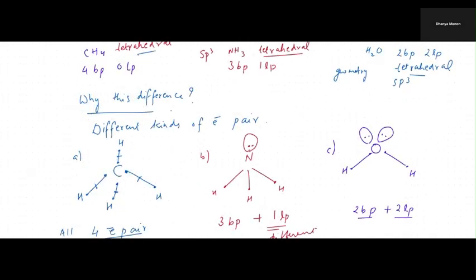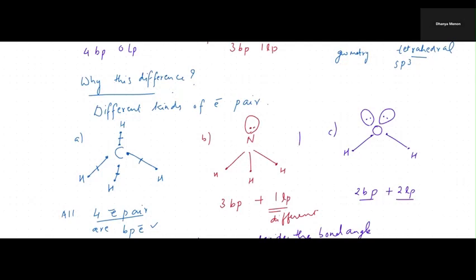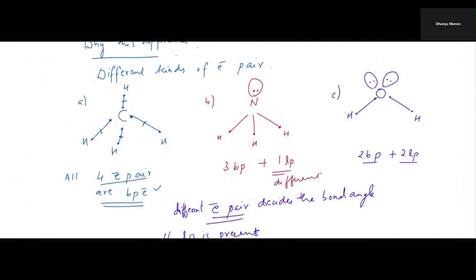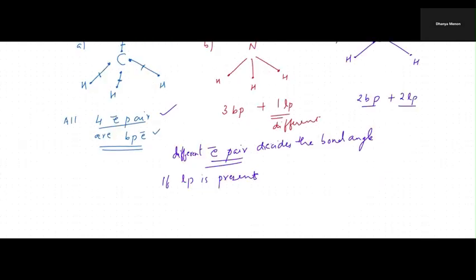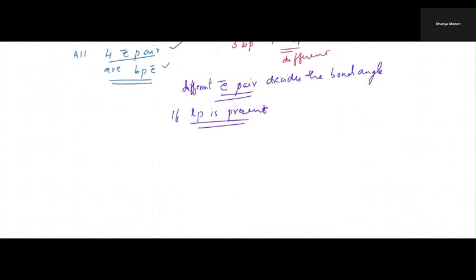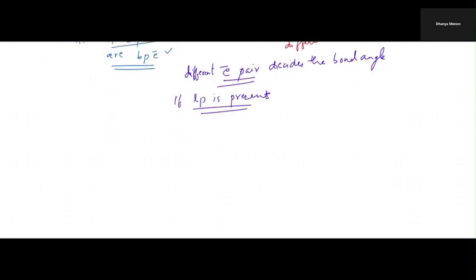This difference is because of the different electron pairs, that means bond pairs and lone pairs. If lone pairs are present, then the bond angles can be different. Okay, so we have to think beyond the hybridization. And the presence of lone pairs can bring about changes in the bond angle.